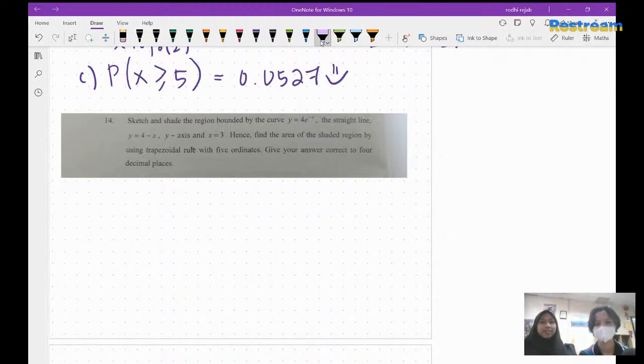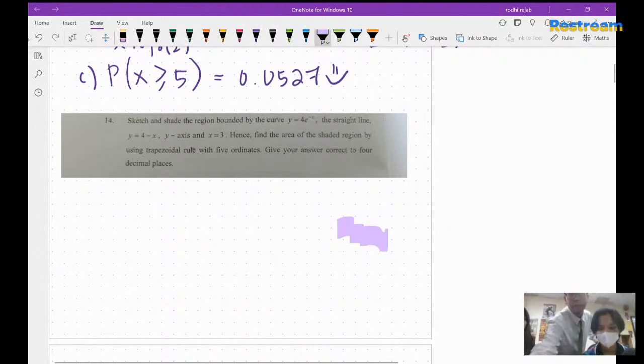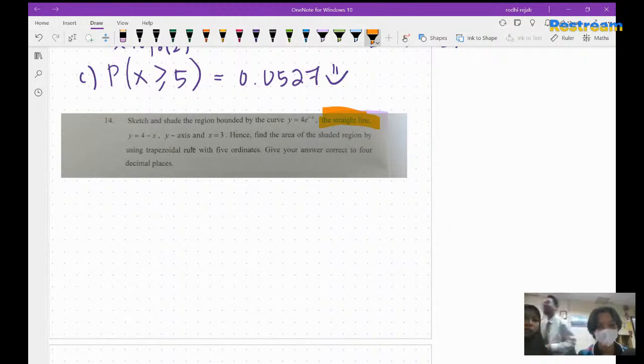Tak boleh highlight. Shoo. Tak boleh highlight atas. Yeah. Oh, you can use different color sometimes. Oh. Sorry. Want to use purple. Alright. Sorry. Okay, continuing off.